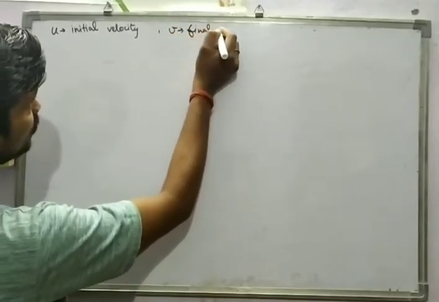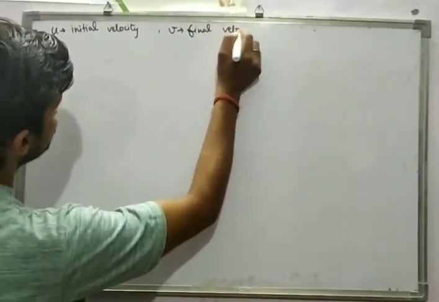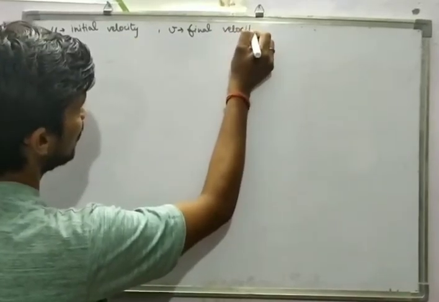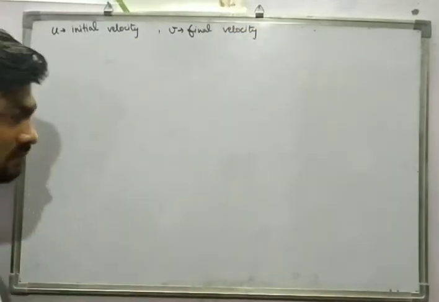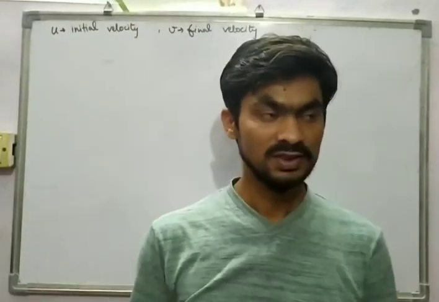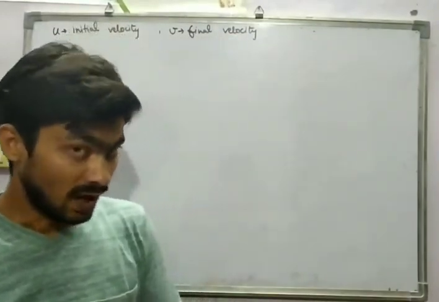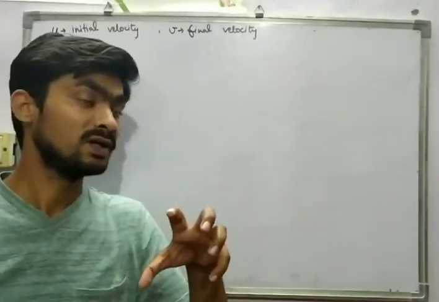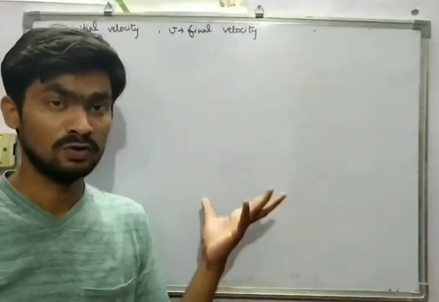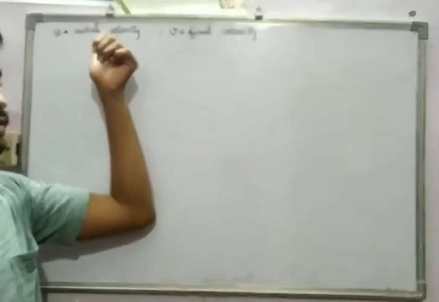Now before I go deeper in this topic, I'll tell you what is the meaning of initial velocity and final velocity. See, the time we are starting to count, at that moment what is the velocity we are seeing in the odometer, that will be the initial velocity.